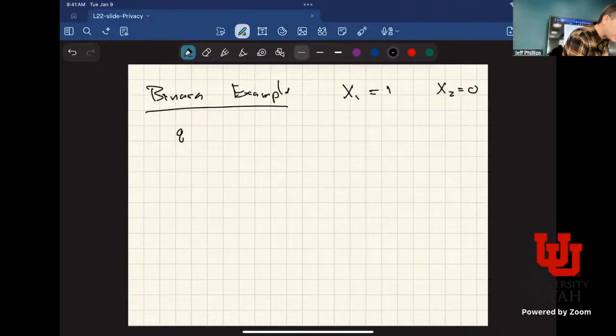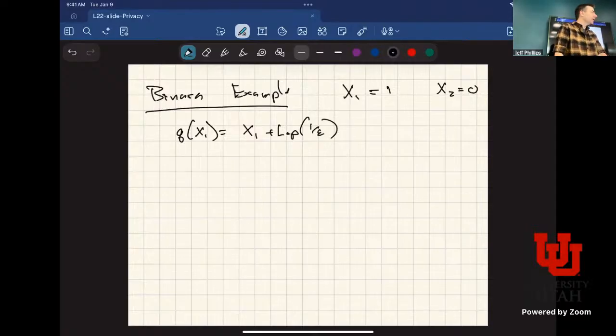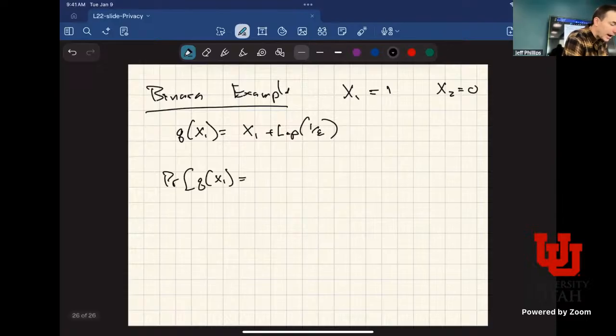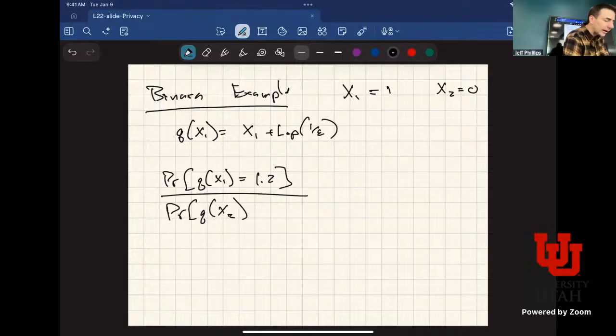So now my query on x1 is going to give me the value of x1 plus Laplacian noise with scale 1 over epsilon. I want to know the probability that I return query of x1 equals some value I observe. Let's say it's 1.2. This is whatever value I've given, and I have this other one.